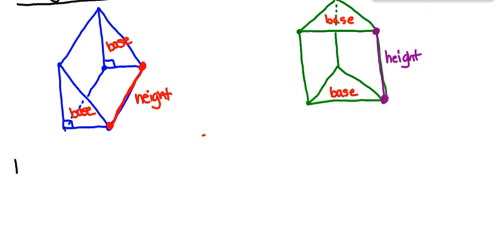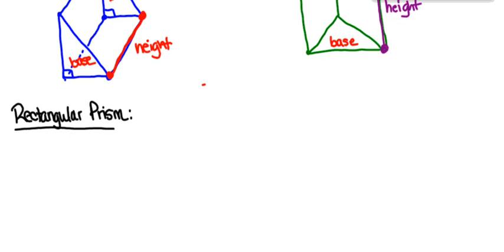The rectangular prism. You've seen and done this one before for sure. The rectangular prism also has two bases, but its bases are in the shape of rectangles.